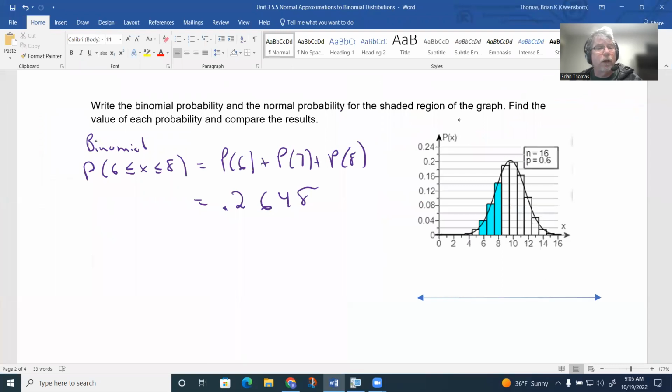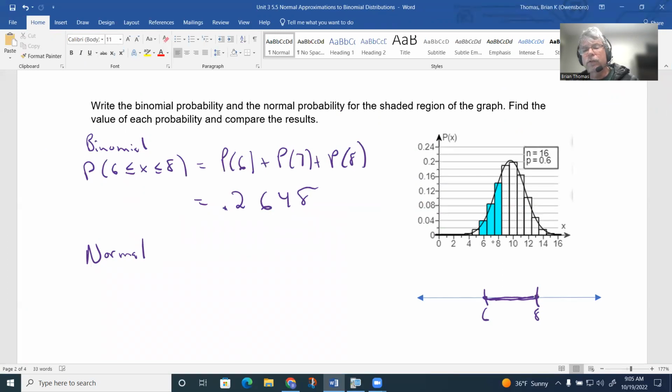Now to do the normal as an approximation, what we do is we have to now do it as a continuous. So since the 6 is included and the 8 is included in our interval, again, we're making it continuous now, so no gaps, no breaks.